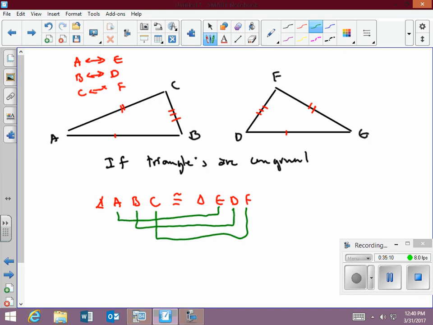And then if this is the case, then the angle at A would correspond to the angle at E. The angle at B corresponds to the angle at D, and C would correspond to the angle at F. And be sure that you get those correspondences right.